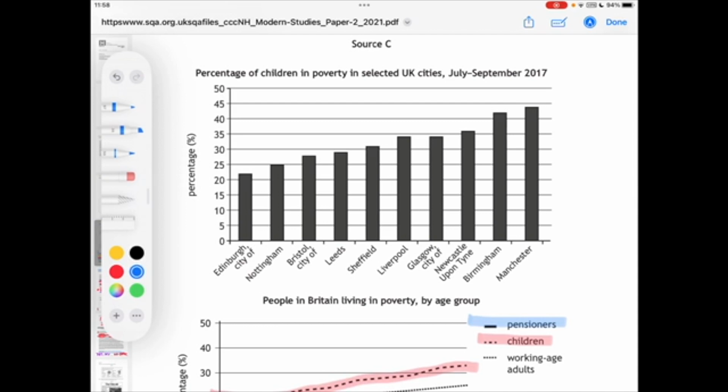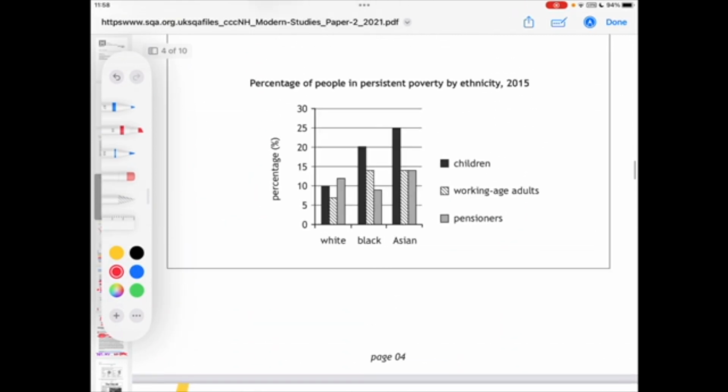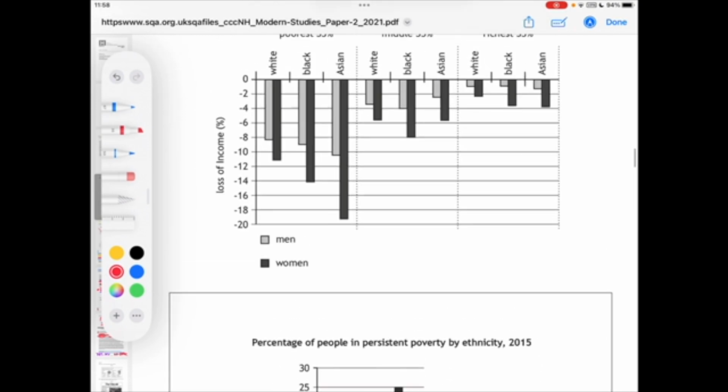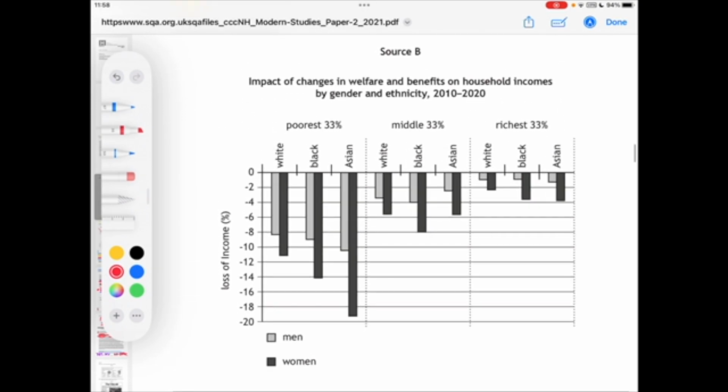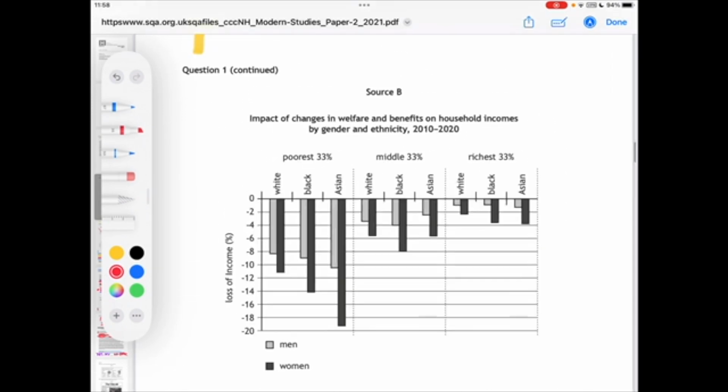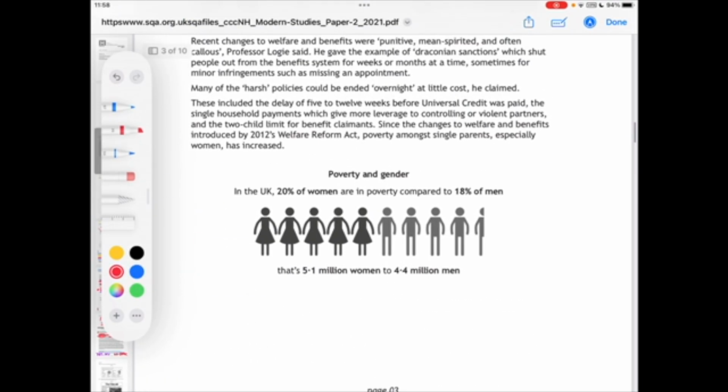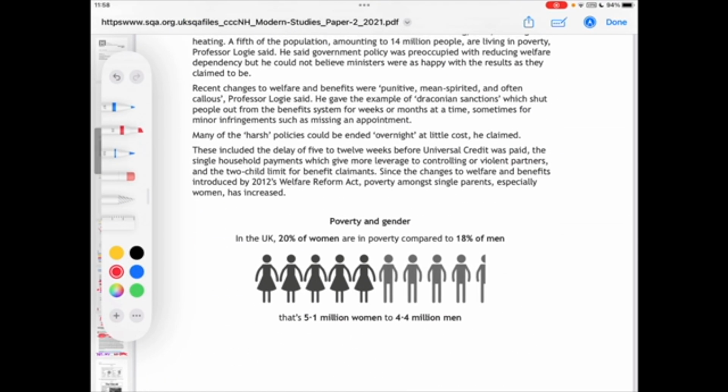Another good example here. So I know children is highlighted red. This whole table is about the percentage of children in poverty. So that whole table can be red. Whereas, I can ignore these ones because that's nothing about pensioners or children. That one is about gender, so nothing about pensioners and children.